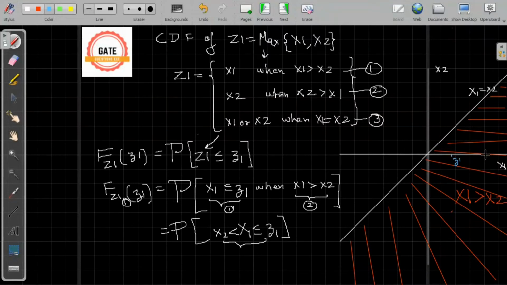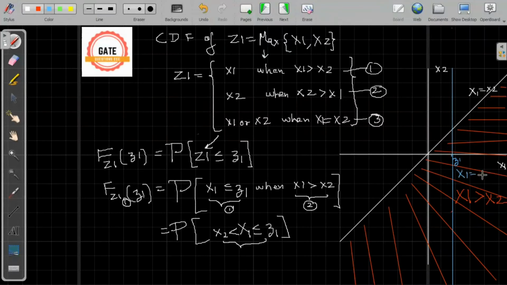You can take it here, or here, anywhere on the x1 axis. So now I will draw the x1 equal to z1 line. That line is this line, parallel to the x2 axis. Similarly downward. So this is the x1 equal to z1 line.